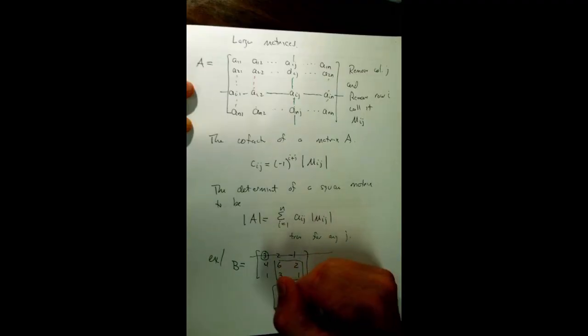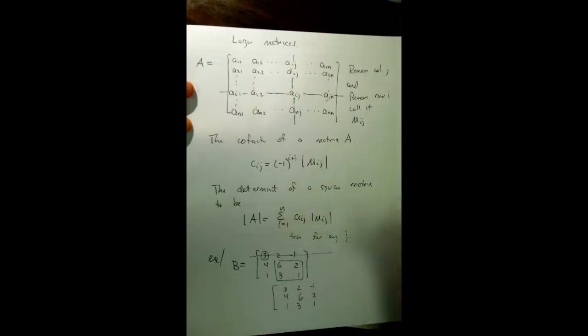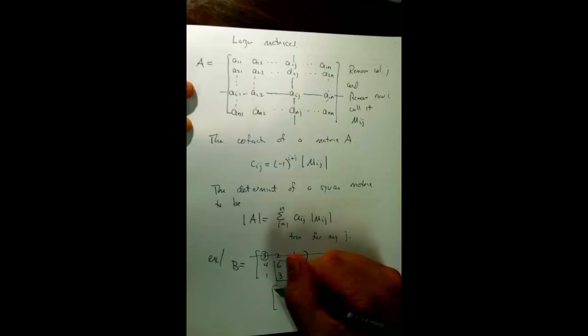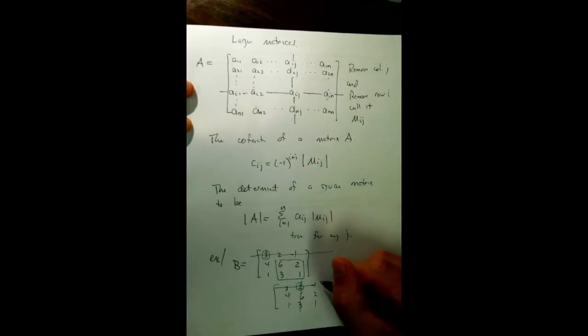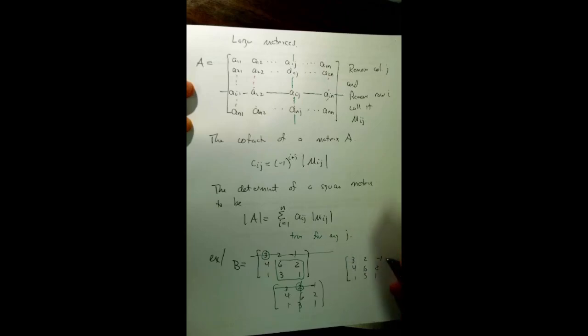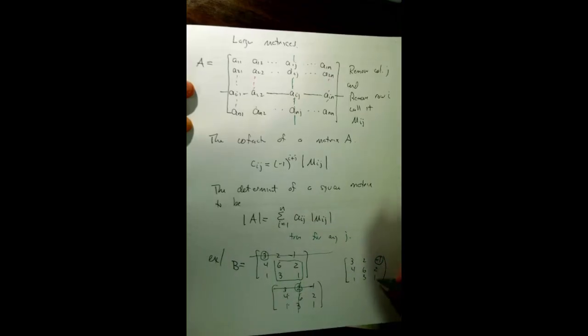Then I'm going to take out the 2, and after I remove that row and that column, I'm going to be left with 4, 1, 2, 1. And then I am going to take out that last column, that first row, and what's left after I remove that row and that column is going to be that thing.